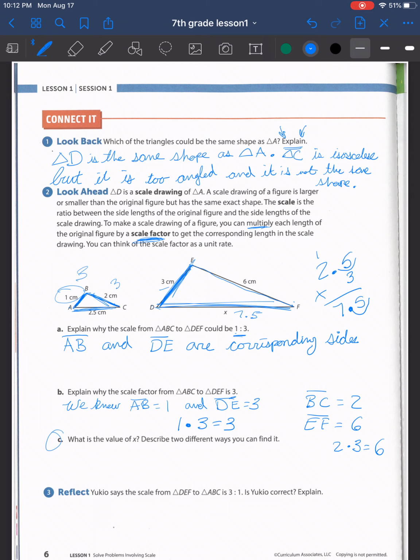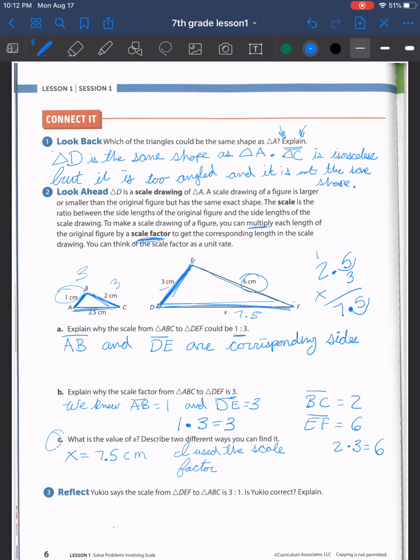What is the value of x? Describe 2 different ways you could find it. Okay, so x equals 7.5 centimeters. Okay, 2 different ways that we can find it. I'm going to say that I used the scale factor. Remember, the scale factor is what you can multiply each of the sides by to get that bigger triangle.